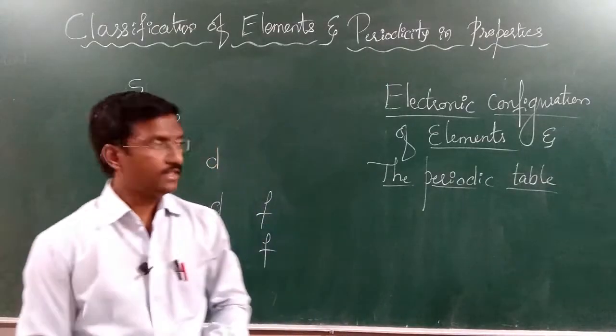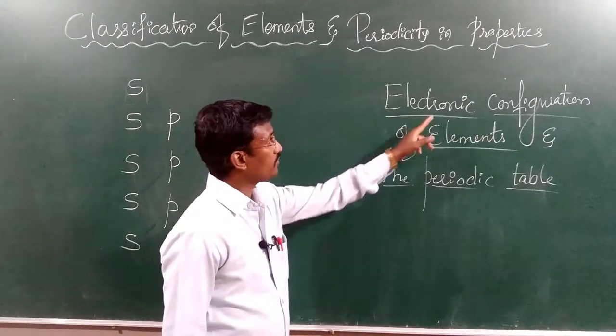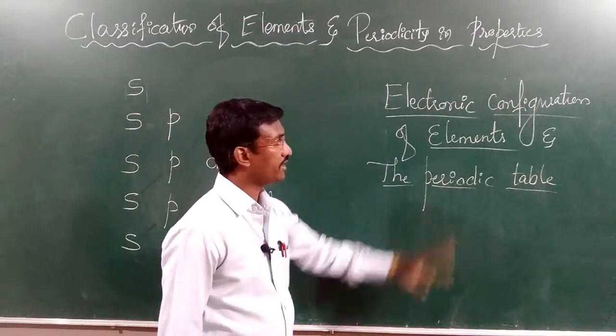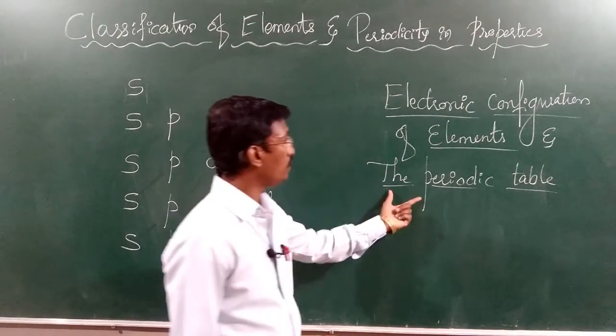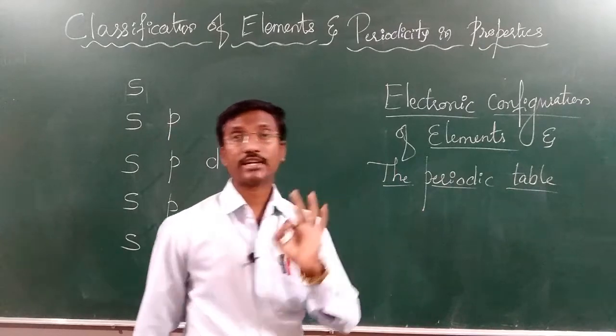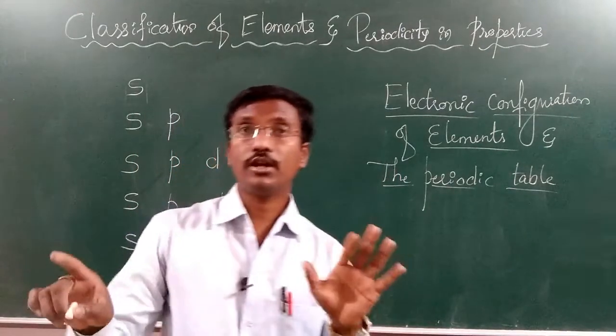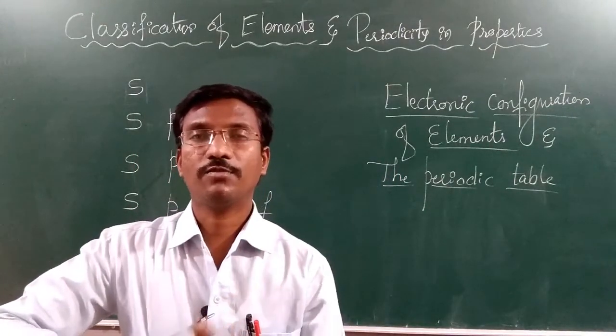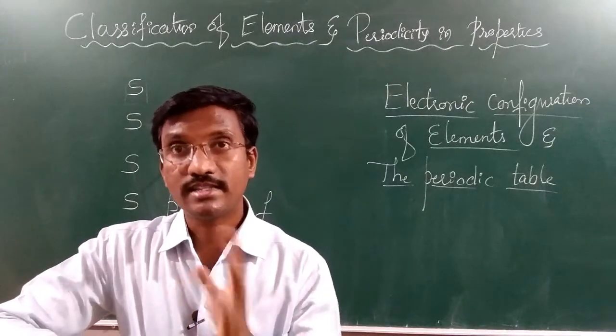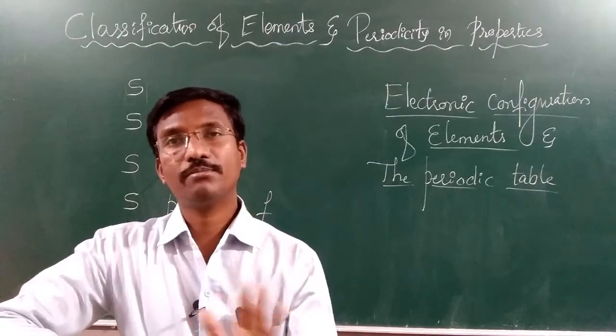Look here. The next one is electronic configuration of elements and the periodic table. The whole periodic table is based on the electronic configuration. Without electronic configuration, it is not possible to describe or even imagine the periodic table.